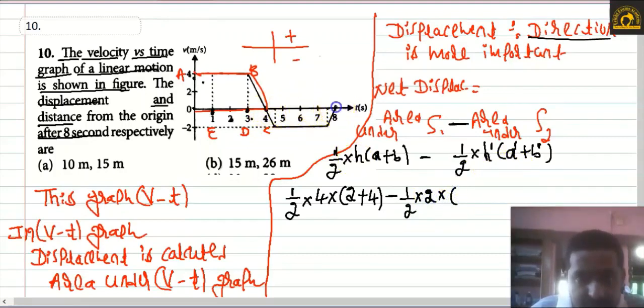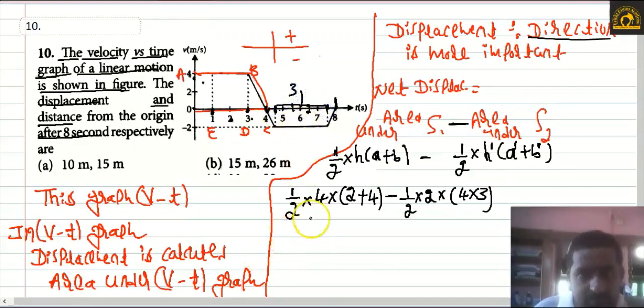So this is 8 and 4, 8 minus 4, that is 4. This one is 1.5, 2.5, total this one is 3.